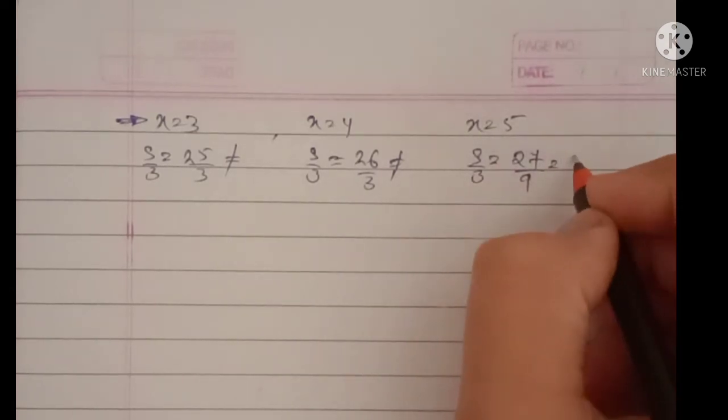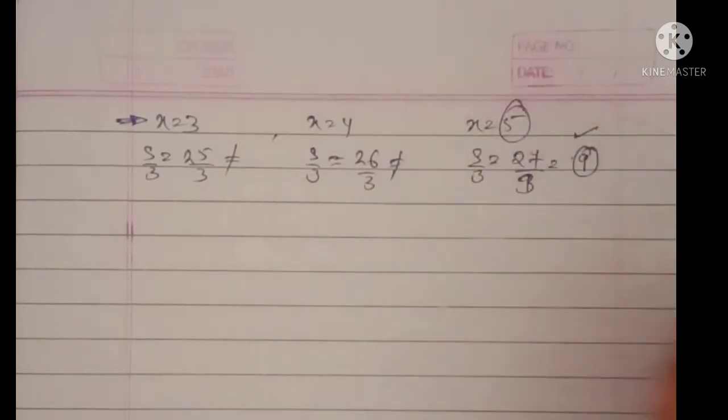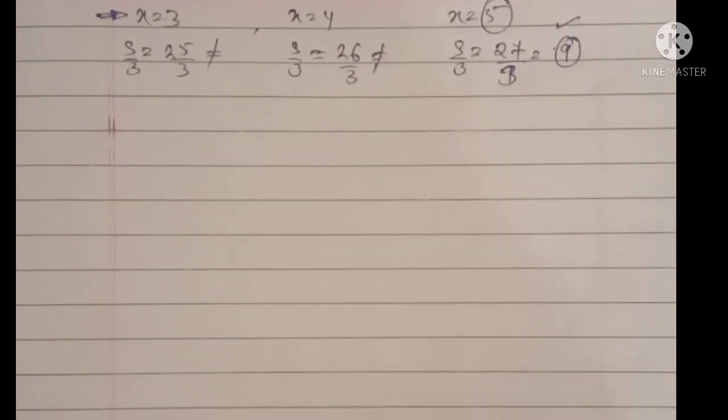Yes, this is also divisible by 9, correct. So here also you get 5, but in the question they already mentioned that you need to find the least number, or the lowest value of x. ज़रूरी नहीं 5 is also the answer, but you need to find the lowest number. So our answer is 2. This is the test for 3. Understood?